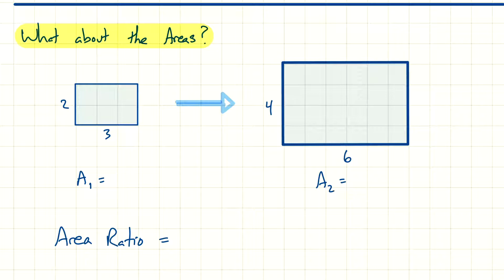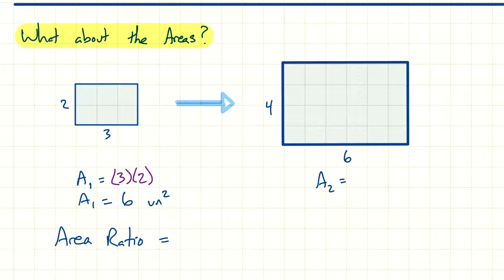So this is drawn to scale. You could either calculate the area, or we could just count the number of boxes in the grid. But for the most part, let's just do some calculations here. In this case, this is a rectangle, so the area of a rectangle is base times height. I'm going to put 3 times 2, which gives us an area of 6 units squared.